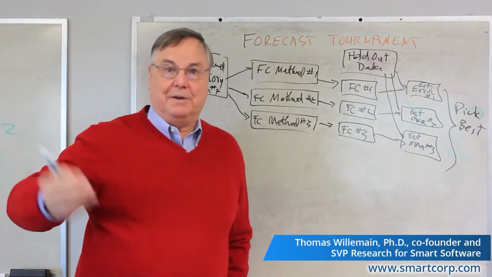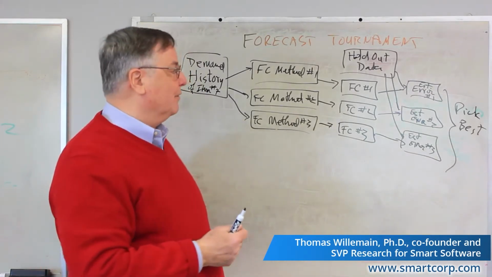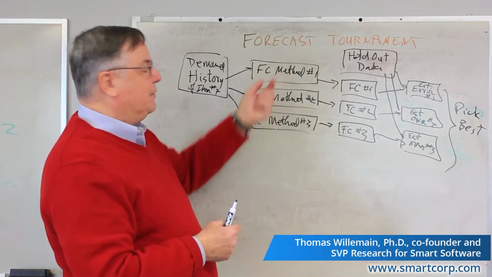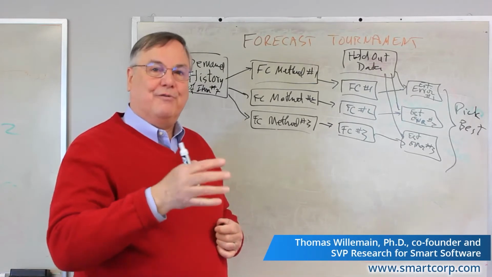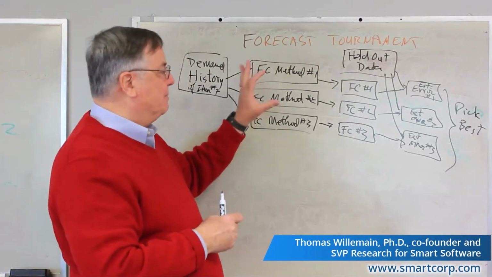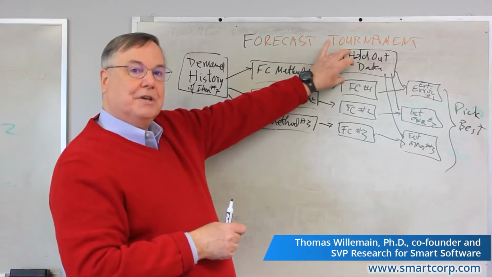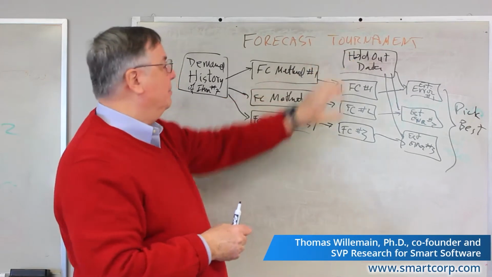Then we move on to item 8 and item 9 and item 10. Basically, that's the way this works. There's a little bit of refinement because these methods actually have knobs or parameters in them, so they're variations of each method. But this is the big picture. Start with some of the demand history, hold out some to see the actual accuracy assessment.